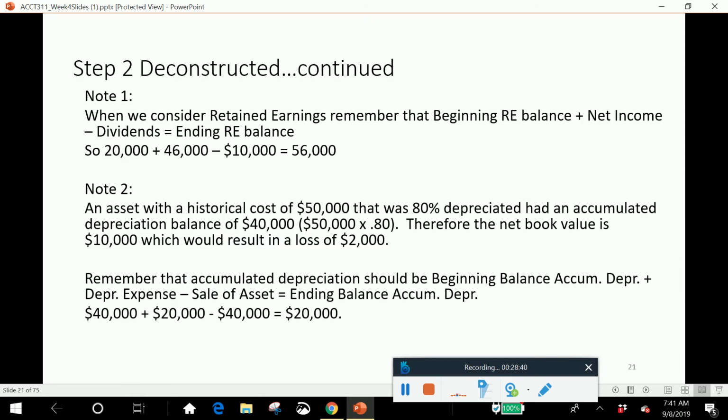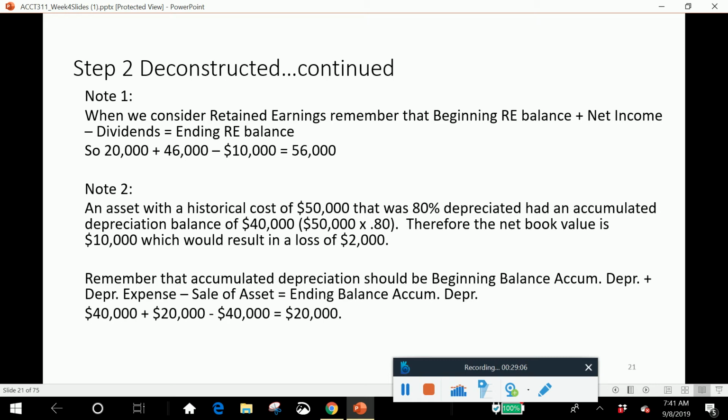When we consider retained earnings, we need to remember that our beginning retained earnings balance plus our net income minus our dividends gives us our ending retained earnings balance. We started with $20,000. We had $46,000 worth of net income, which would give us a balance of $66,000.